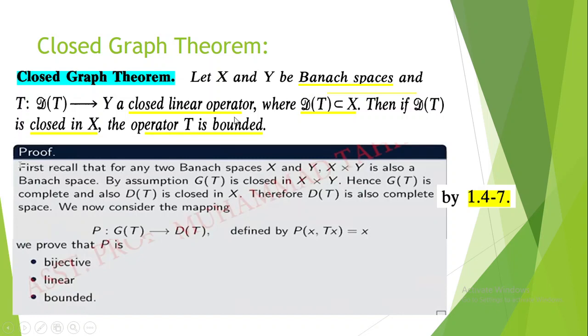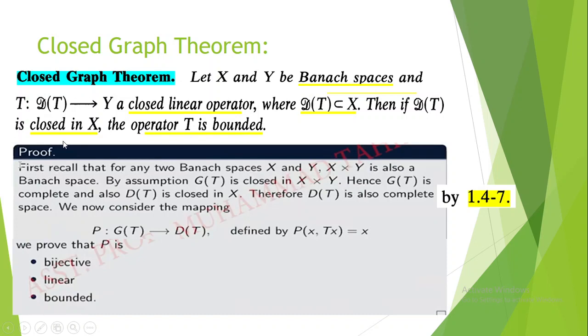So this theorem says we have two Banach spaces and a linear operator from the domain of T to the norm space Y. If the domain of T is closed in X, then the linear operator will be bounded.